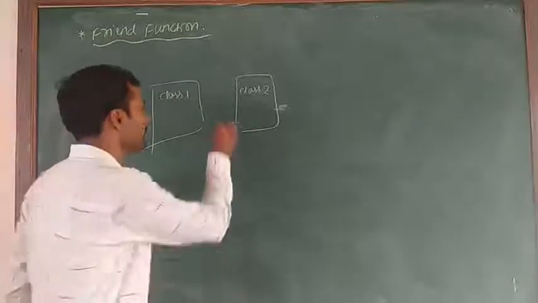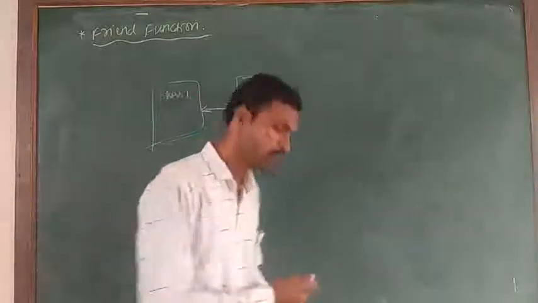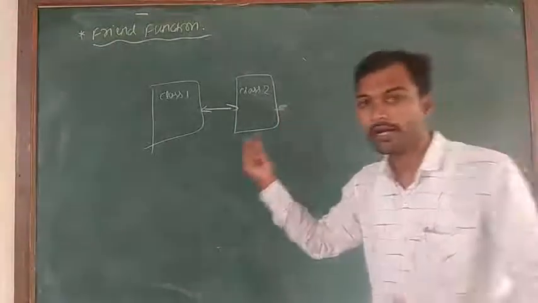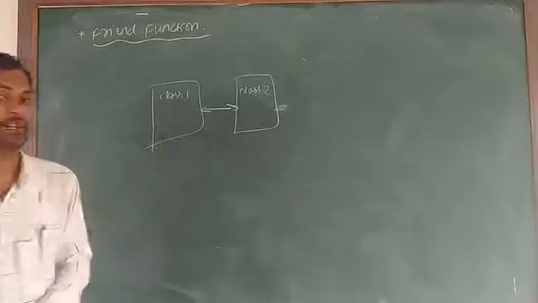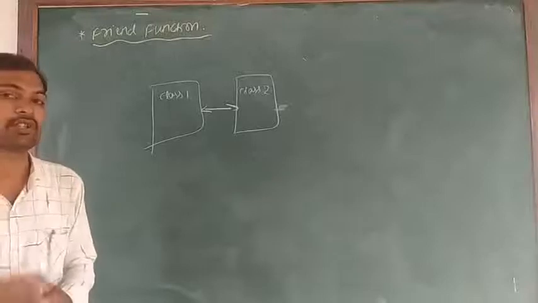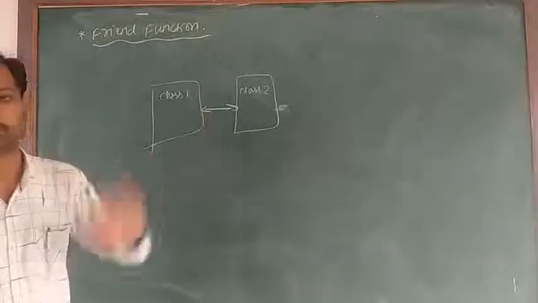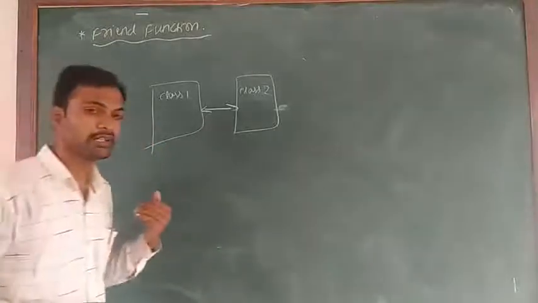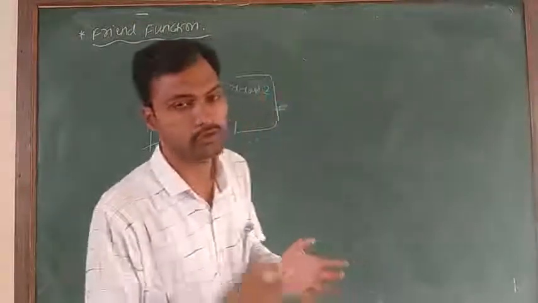In that case, you can share the code with both classes. If the classes are friends, using the friend function we can share the code with both class 1 as well as class 2. And using the friend function, we can access the private and protected data members outside the class.